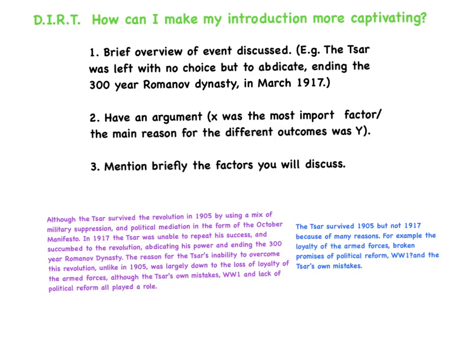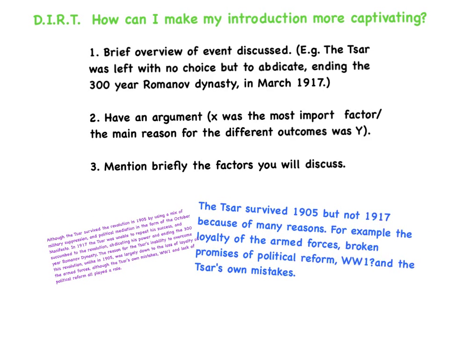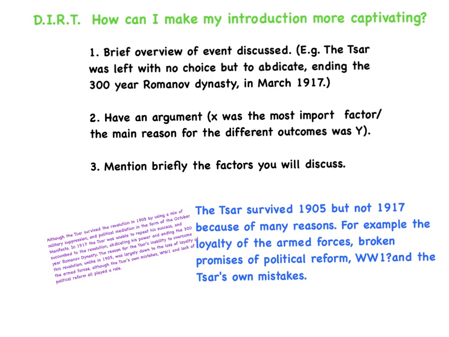Let's have a look at two students' answers, not answers, but their introductions. So this first student's introduction, let's see how many of these criteria they've met. So the Tsar survived 1905 but not 1917 because of many reasons. For example, the loyalty of the armed forces, broken promises of political reform, World War I and the Tsar's own mistakes.